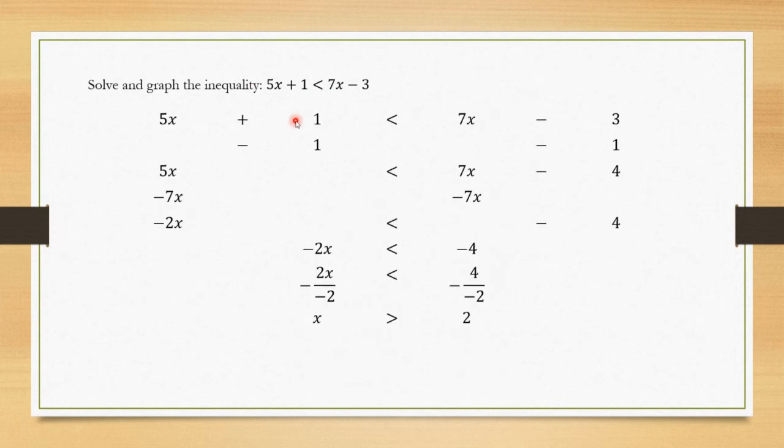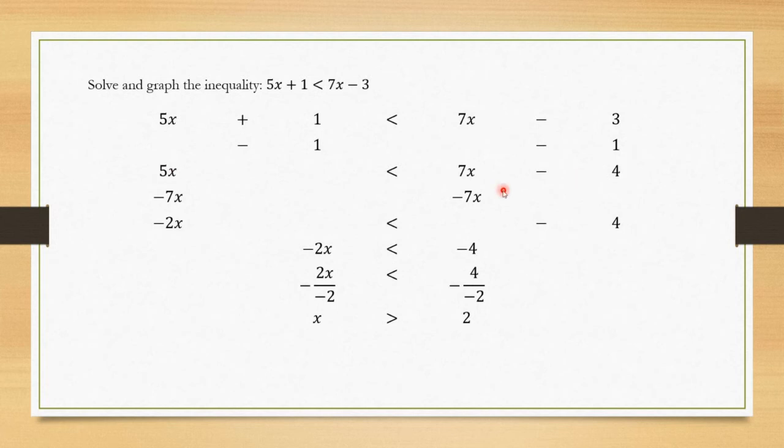You don't have to do the exact same steps in the exact same order that I'm doing. What am I doing here? I'm subtracting 1 from each side. So the 1s cancel, and on the left you just have 5x. On the right side, though, you have 7x minus 4. So now we have 5x is less than 7x minus 4.